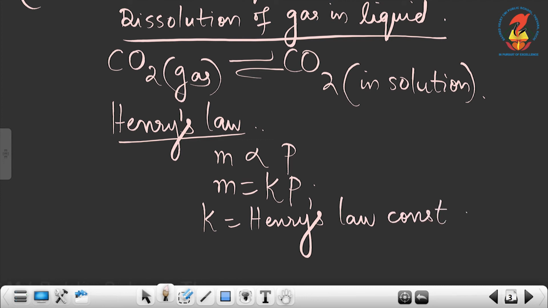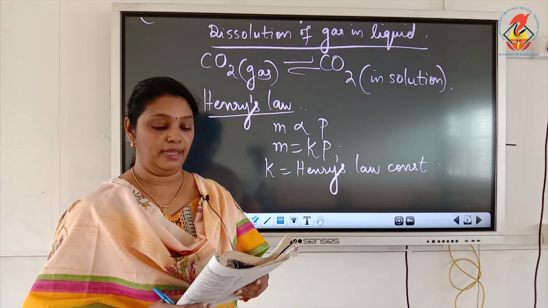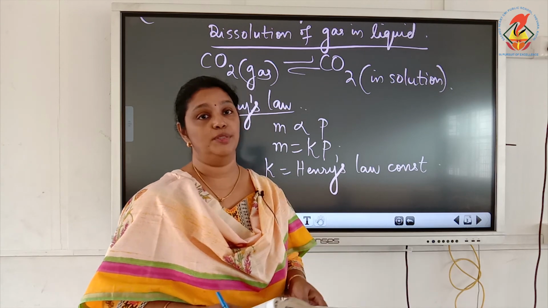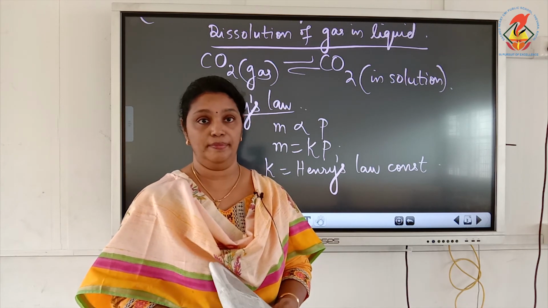So these are the 5 types of physical equilibrium.